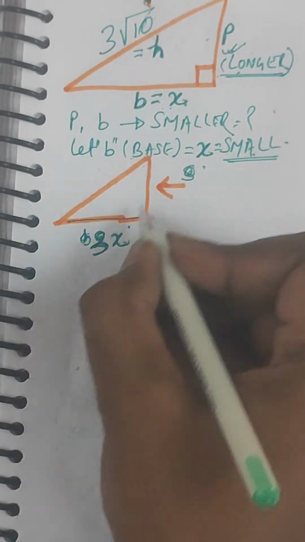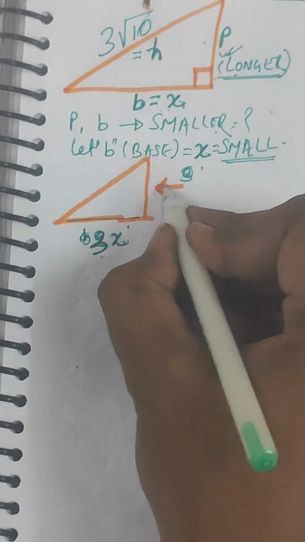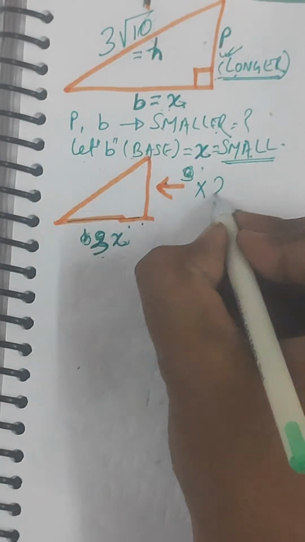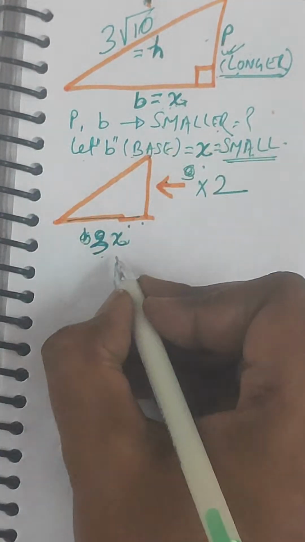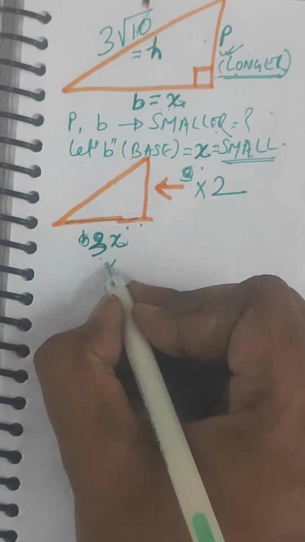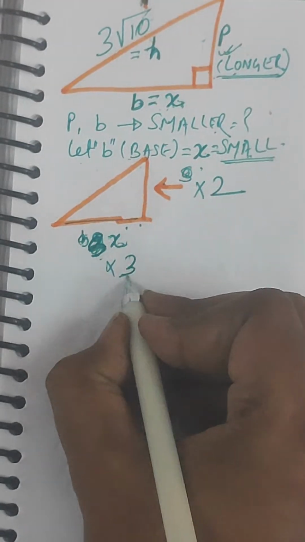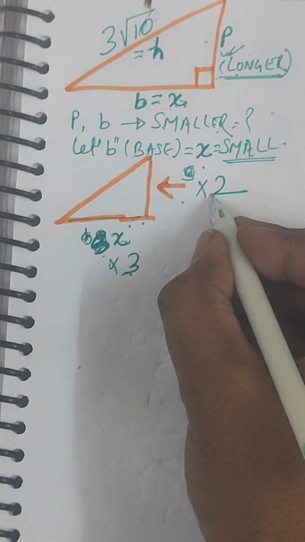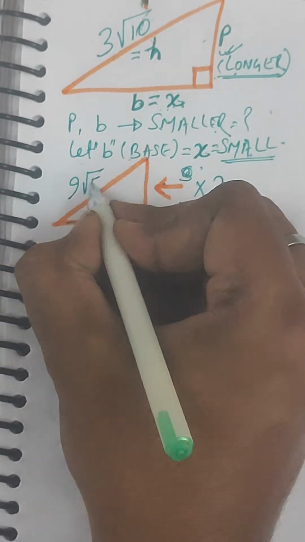The base which we have considered as the smaller is tripled, and this perpendicular is doubled. So this base is multiplied 3 times, x into 3, and the perpendicular multiplied by 2 will give you another hypotenuse, that is 9 root 5 centimeter.